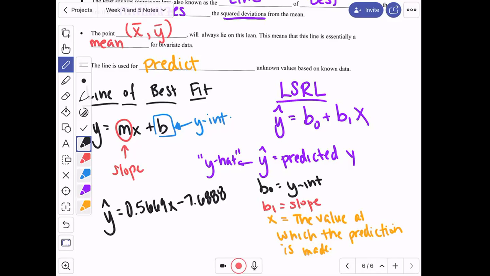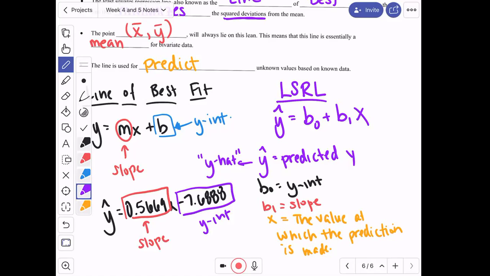I would actually round a lot of it off right there, to be honest, but this is the actual equation where this part right here is the slope. This part back here is the y-intercept.